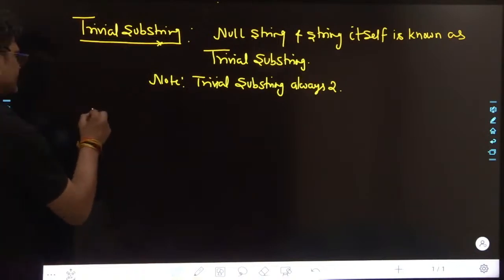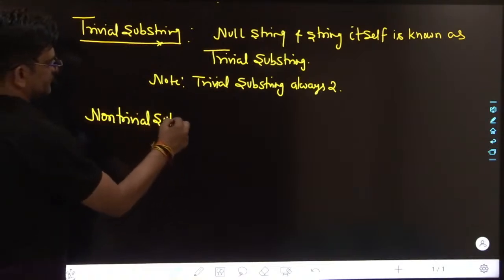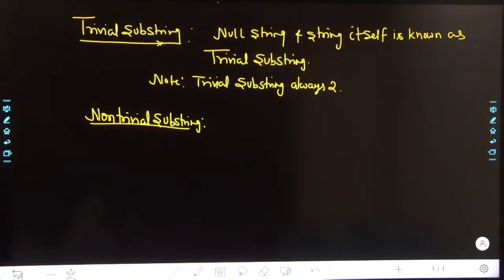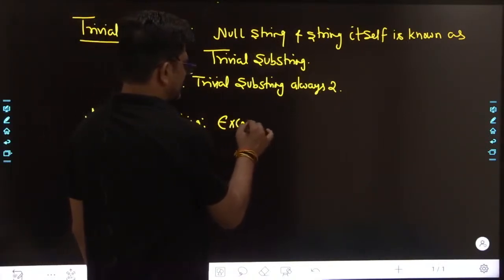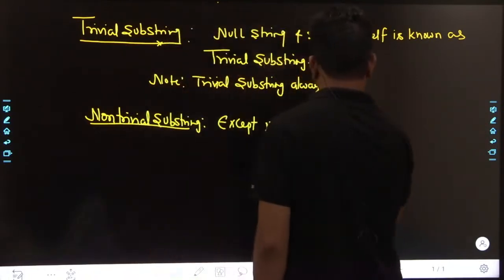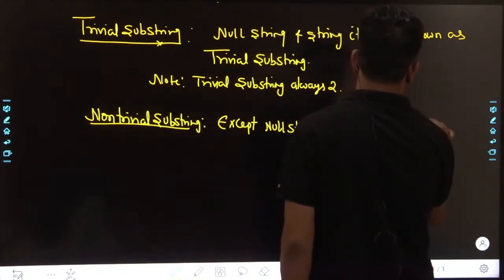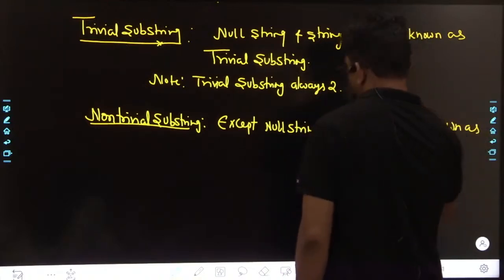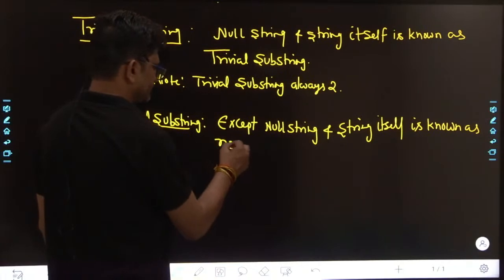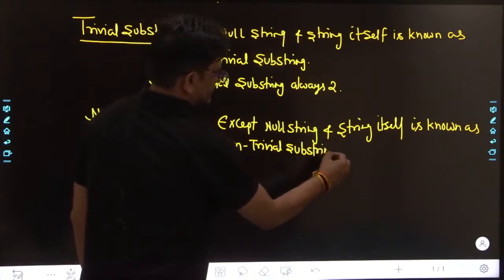Next is non-trivial substring. Except the null string and the string itself, all other substrings are known as non-trivial substrings.